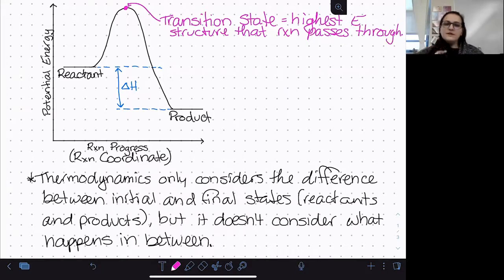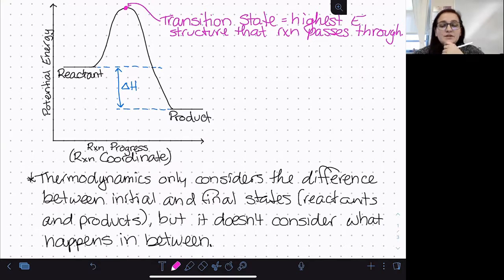Now, transition states are high in energy, as you can see on the graph, and that means that they are not stable at all. Transition states do not stick around. As soon as they form, they break back down. It is very much something that your reaction is passing through, not some place that it is going to stay.